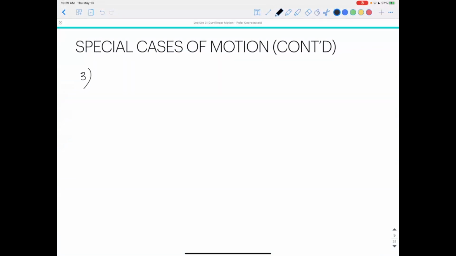So what about, let's say this time, the tangential component of acceleration is constant? Are there some equations we've derived before that we could apply here?